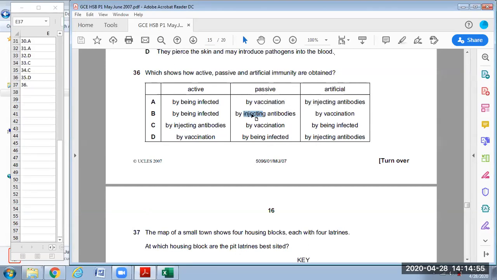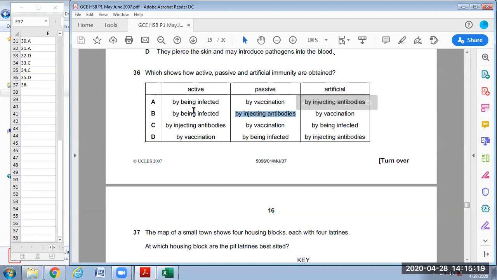Passive is your own body making antibodies. So if you inject antibodies, you're getting it from, you see how, okay, I'm actually mixing it up. Passive is when you receive from a different person. All right, so you could inject it, yeah.